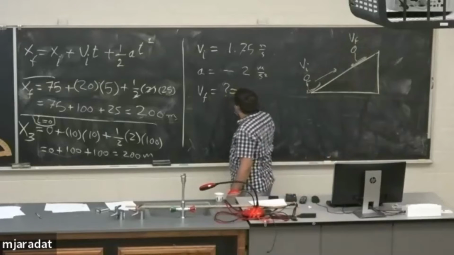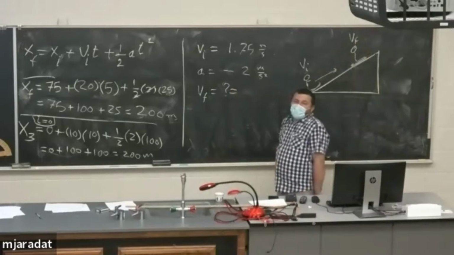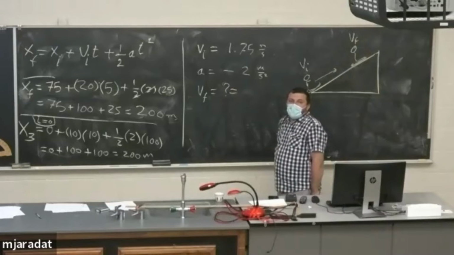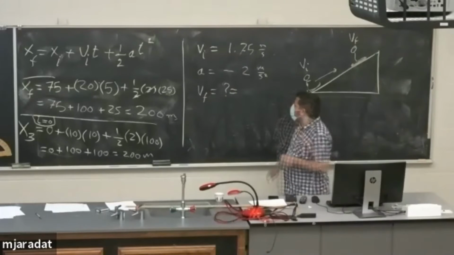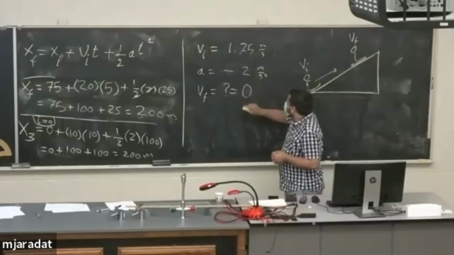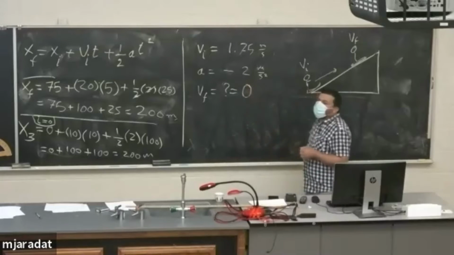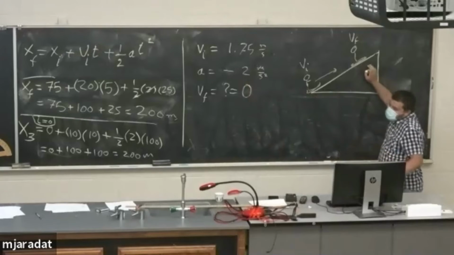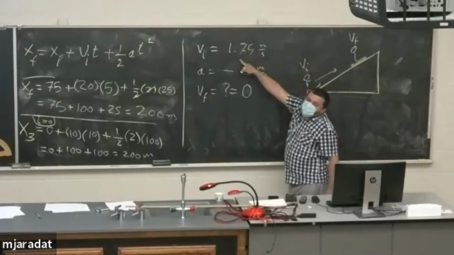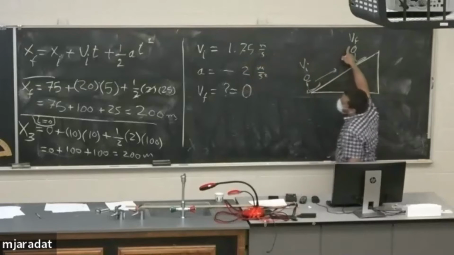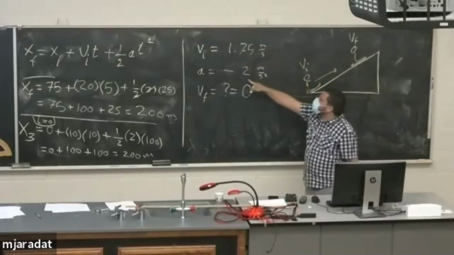It is given. If I am stationary now, how much is my velocity? Yes, tell me. Okay, when I am standing without any motion, my velocity is 0. So my velocity here is 1.75. My velocity here is 0. My acceleration is negative.